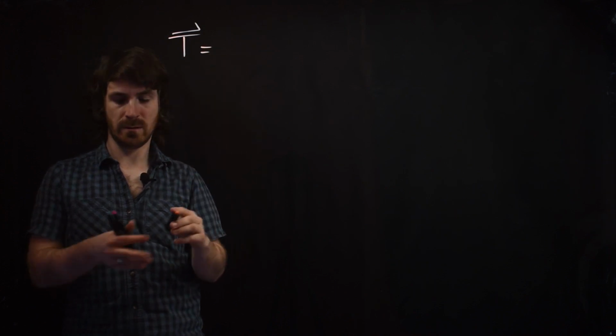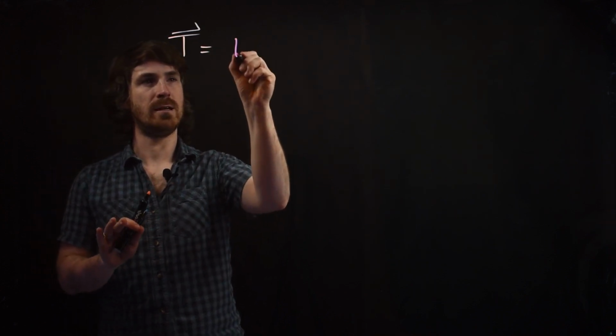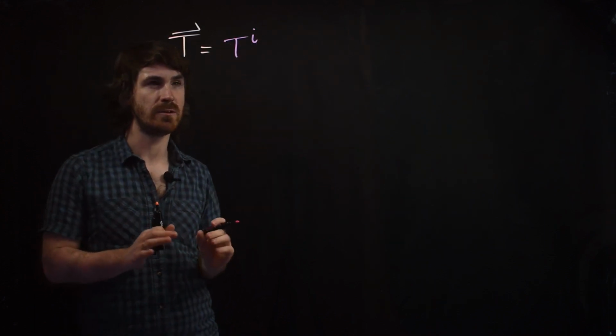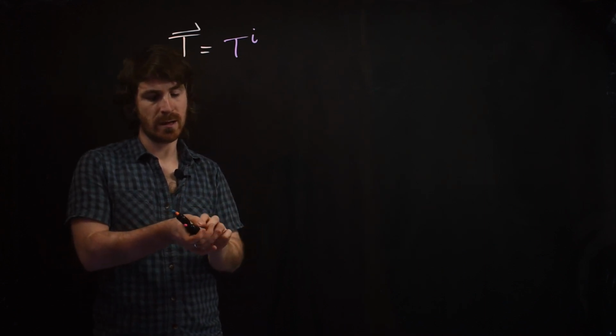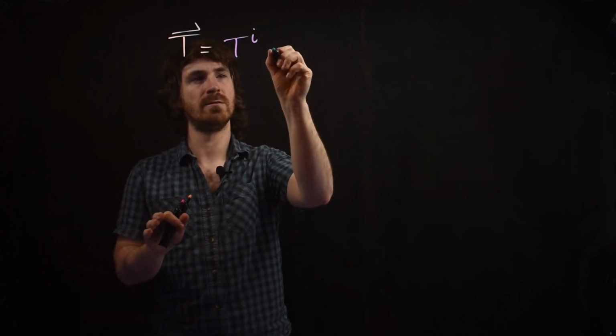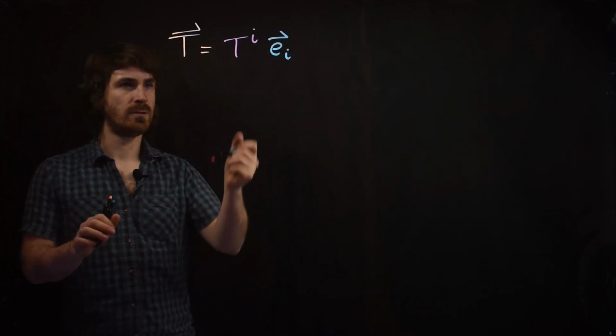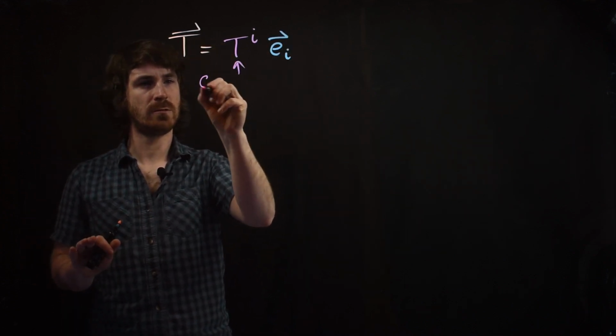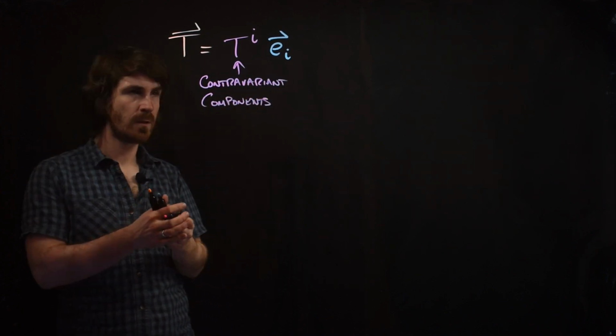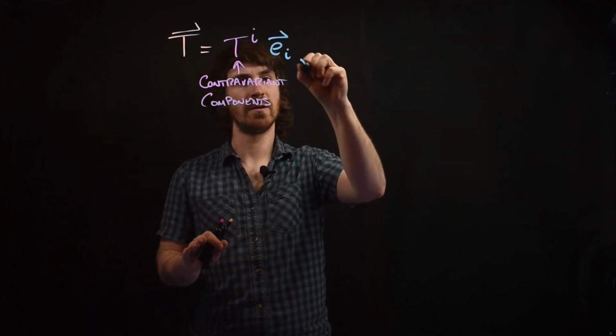So previously we saw that we can write a vector, let's call it t, in terms of components. These are t superscript i, the contravariant components, and natural basis vectors, e_i. Okay, so these are contravariant components, and these are the natural basis vectors.